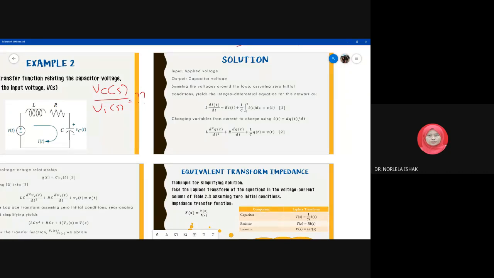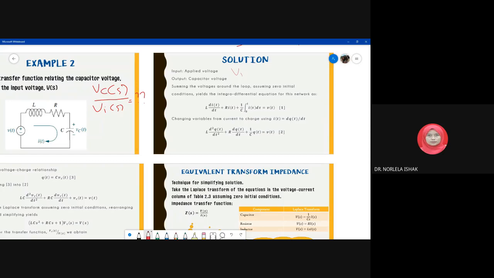So during the circuit analysis, we assume zero initial condition, meaning integration and differentiation. What equation can you derive from the summing of voltage around the loop?